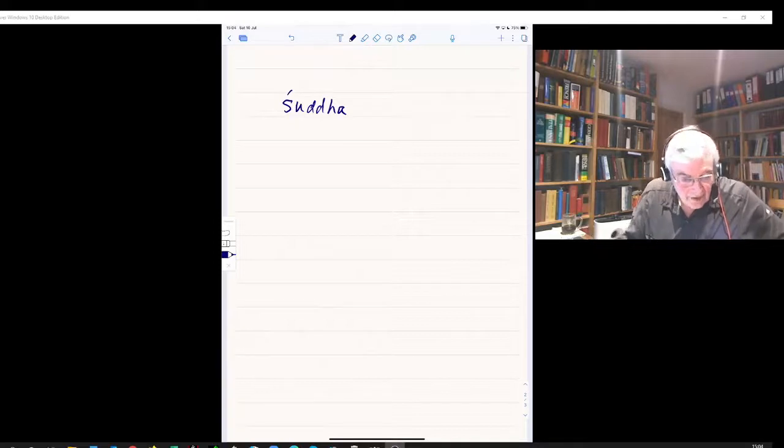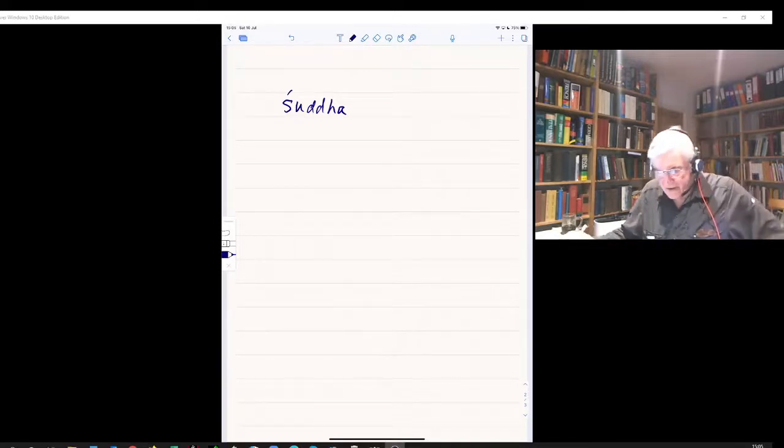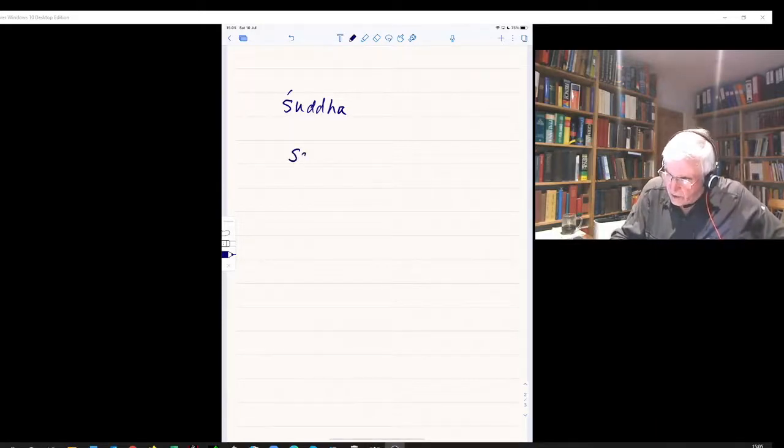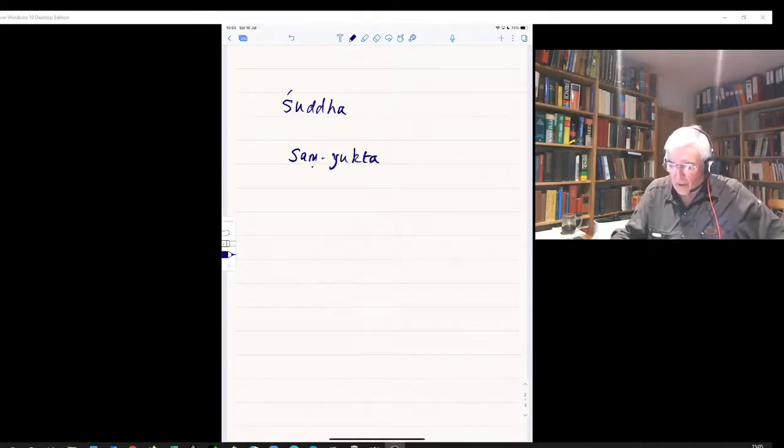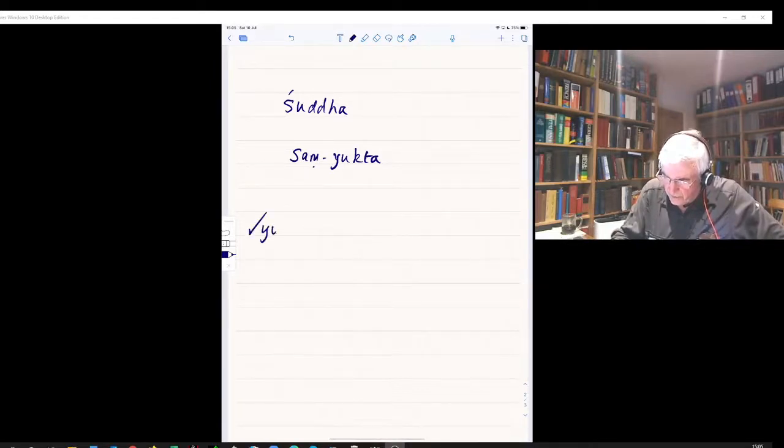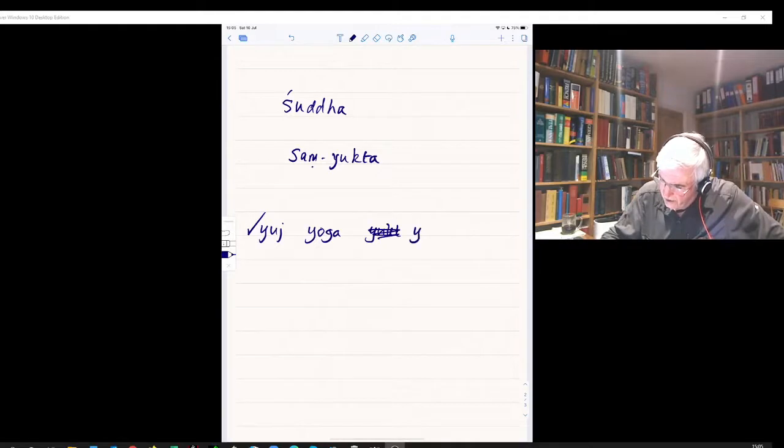And some vowels are called simple, that's shuddha, literally clean, pure, and others are called complex, samyukta. Complex. That word samyukta, incidentally, is from the root yuj, verbal noun yoga, past participle yukta.